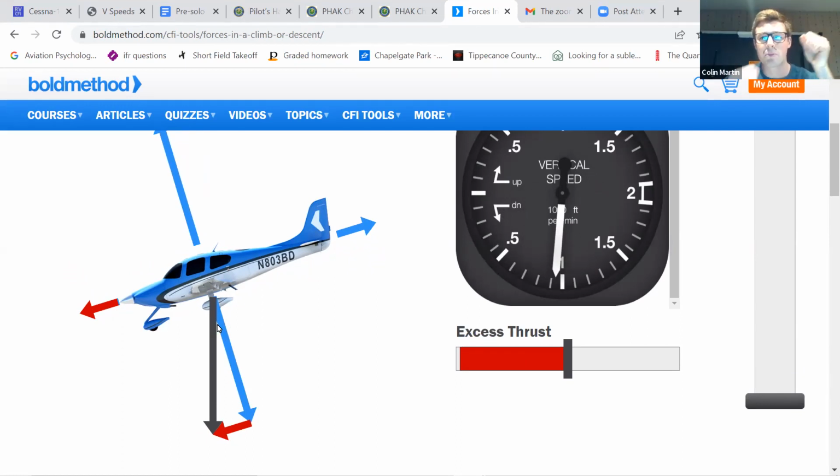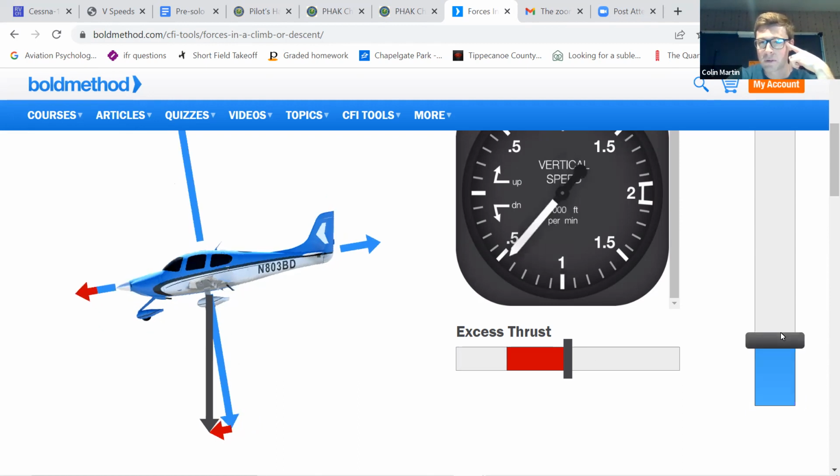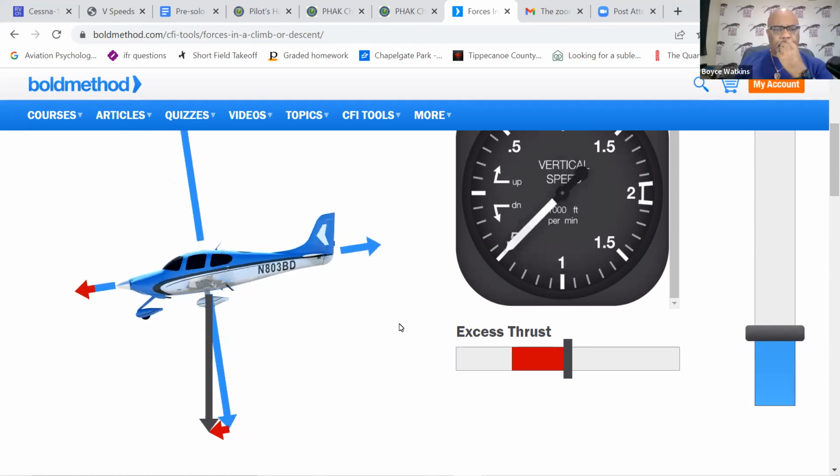That's why if we just pitched our nose forward, we'll speed up really quick. But if we pull our power backwards, then we'll be able to have a steady state climb at around 500 feet per minute, and our airspeed doesn't build up as much.